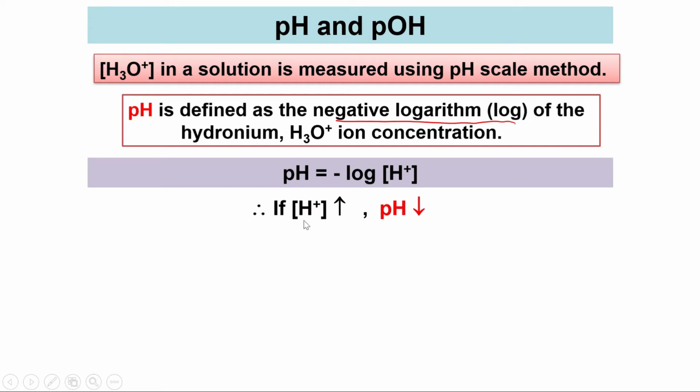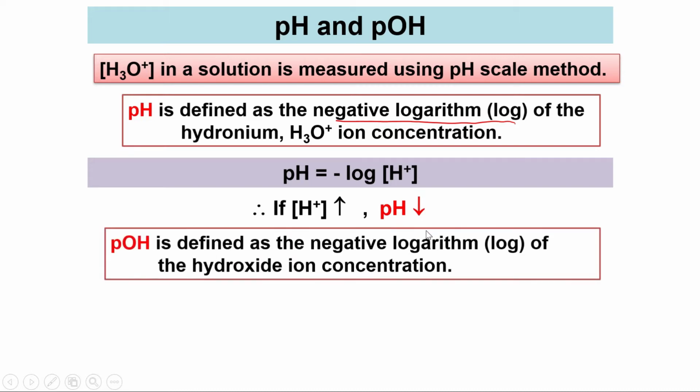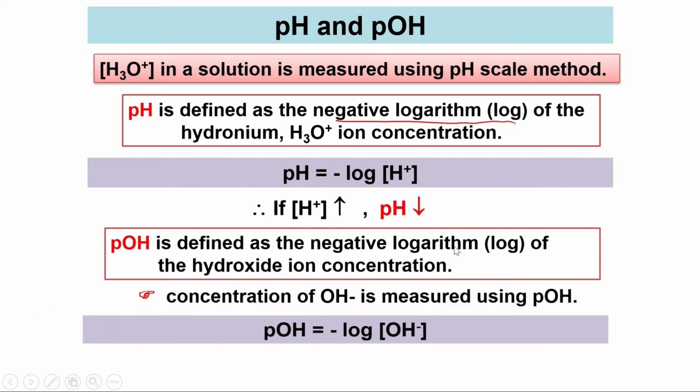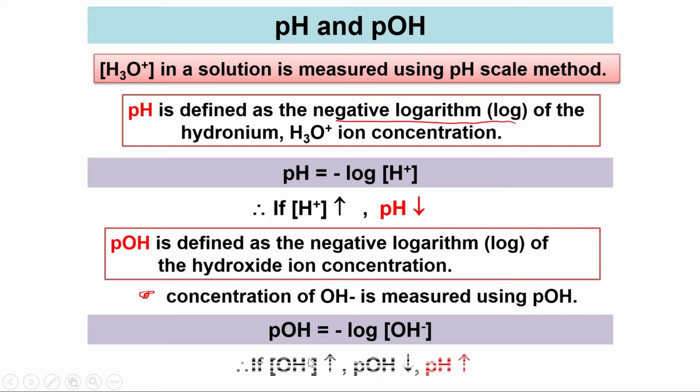Therefore, if we do the calculation, if the concentration of H plus ion increases, the pH value decreases, or vice versa. How about pOH? pOH is defined as the negative log of hydroxide ion concentration. Therefore, when written, pOH equals negative log concentration of OH minus.